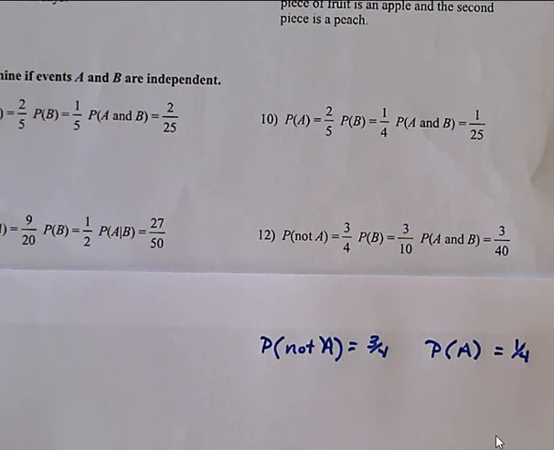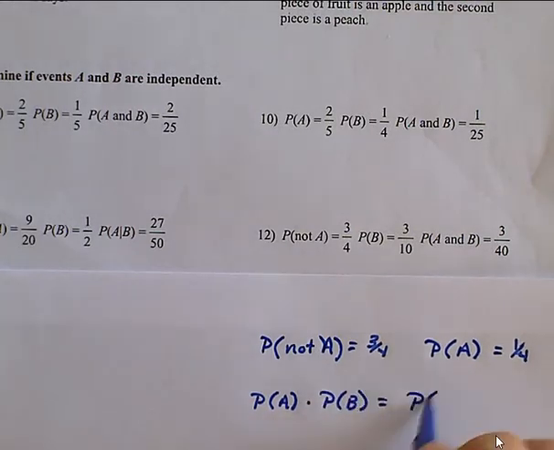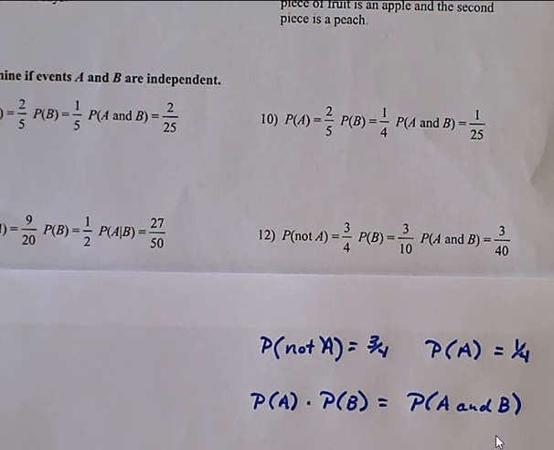Now, here's the other part of that. I need to know that the probability of A times the probability of B equals the probability of A and B. That is what we're trying to test. So probability of A is 1/4. Probability of B is 3/10. Multiplying those together, well, probability of A and B is given to be 3/40.